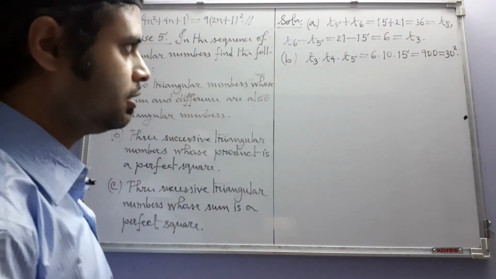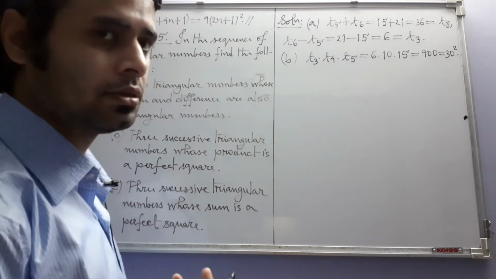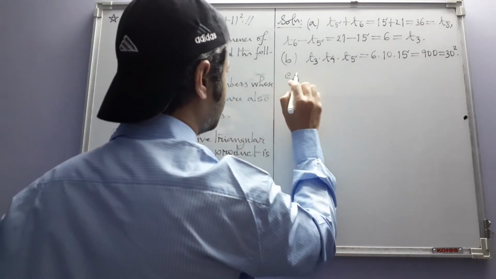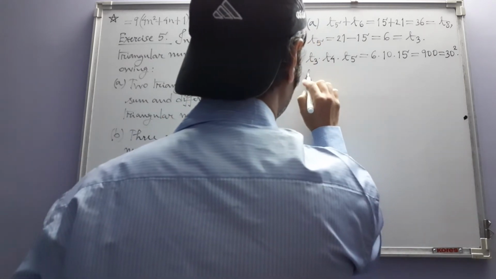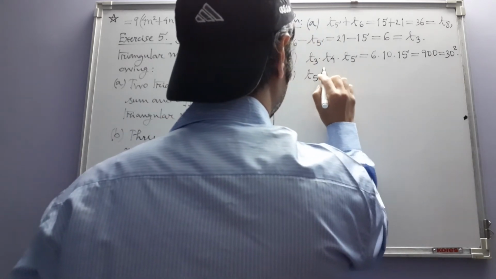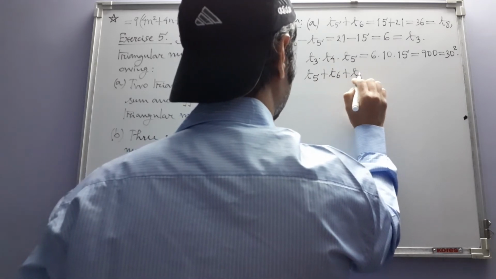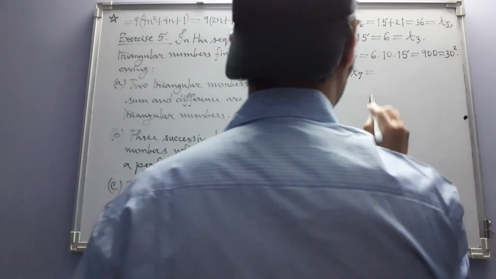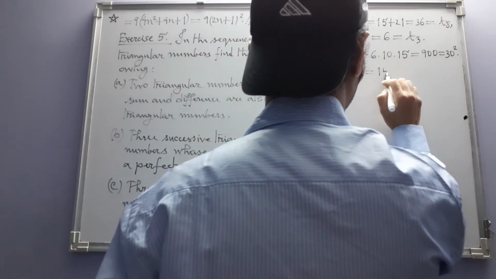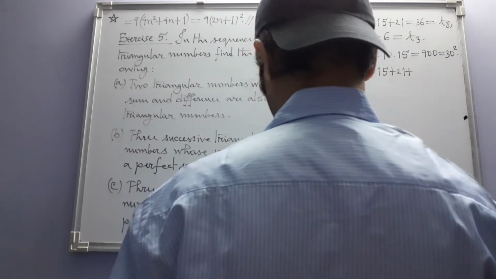So these are three successive triangular numbers whose product is a perfect square. And in part C, you can add T5, T6 and T7. So 15, 21 and 28.